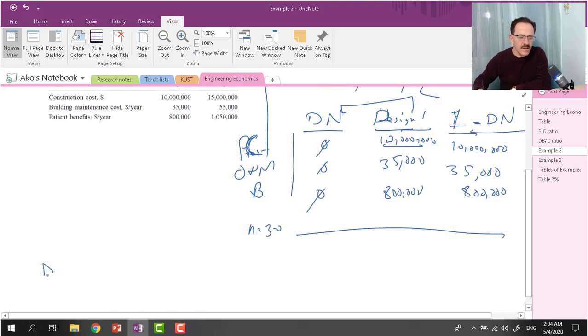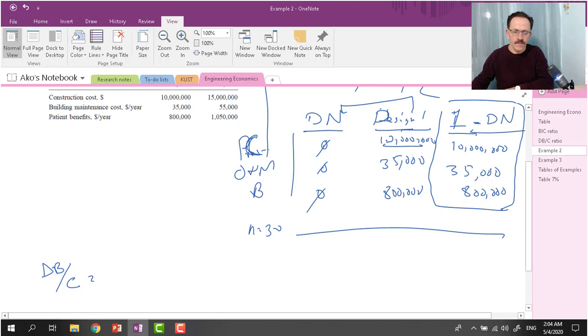Now I will find the delta B over C. It means I have to look at this cash flow diagram. Now delta B, how much do we have?